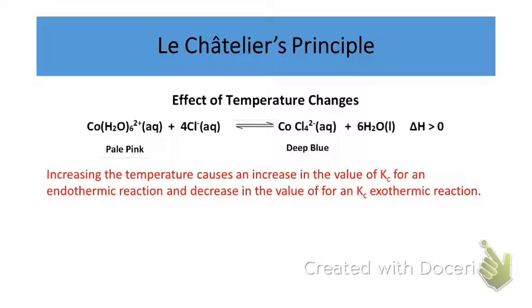Okay? Now, I think with temperature, to make it easy, because it's not easy to completely get at first, what I suggest you do is look at the delta H value. Since we know that delta H here is positive in the forward direction, then on the reactant side, I'm going to add energy to my equation. Now, energy is not a reactant, and it's certainly not a product, okay? It's energy. It's not a chemical.